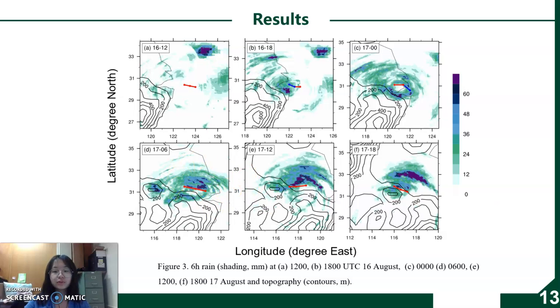From figure 3d to 3f, the heavy rainfall developed to the northern part of Central rapidly, while the relatively heavy rainfall to the southern weakened obviously. We can conclude that not only the friction of the land induces the convergent lifting, but also the mountain lifting contributes to the precipitation.